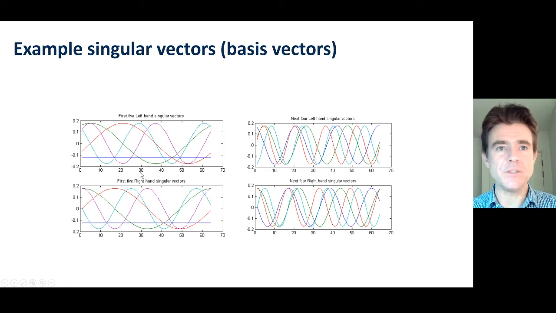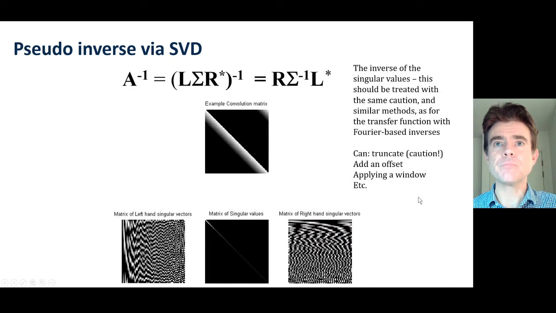You can clearly see that they are sinusoidal functions, as would be expected for a circulant convolution matrix. And so life is now easy again after diagonalization. We can do a pseudo-inverse via singular value decomposition.